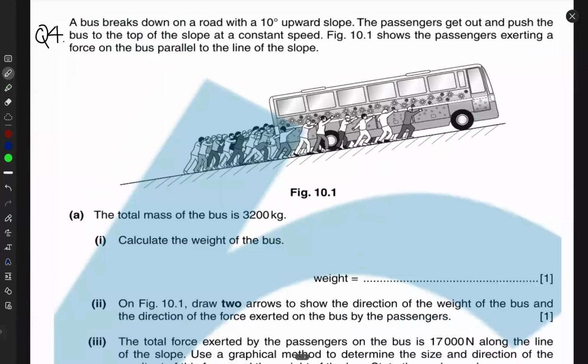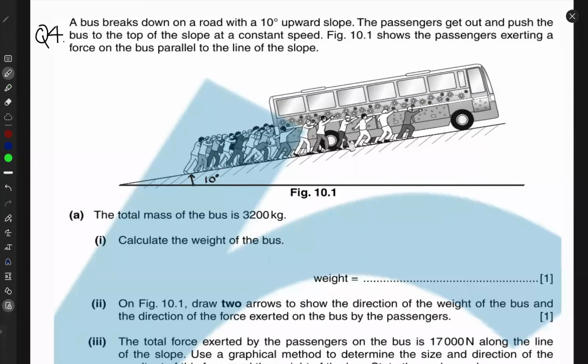Okay, so you can see that we have this problem, question number 4, and the problem statement is that we have a bus and it breaks down on a road with a 10-degree upward slope. If I draw a horizontal line like this, the road is at about 10 degrees upward from this reference line.